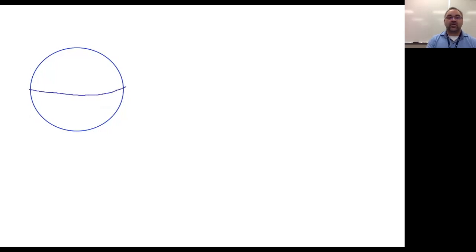There we go, there's our spherical balloon. Inside our spherical balloon, we have a radius r. And this time, what I'm told is that the spherical balloon is being inflated at a rate of 4.5 cubic feet per minute.